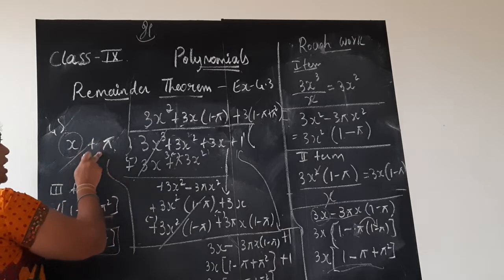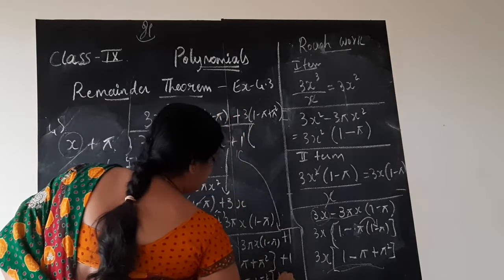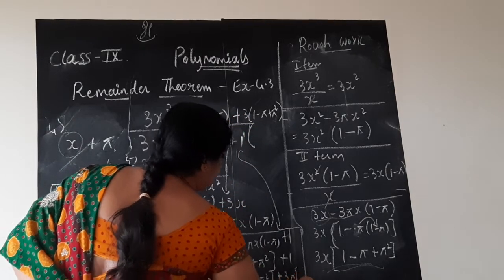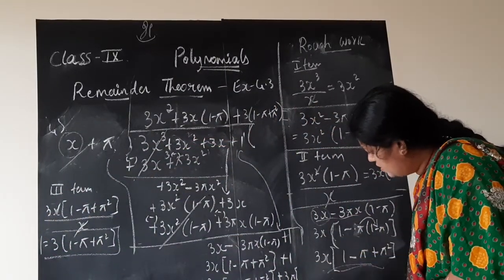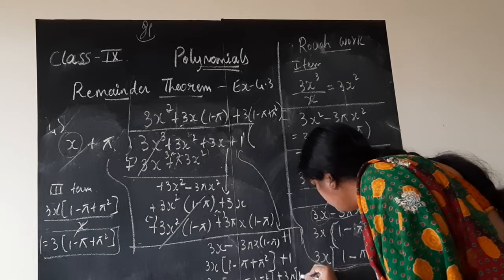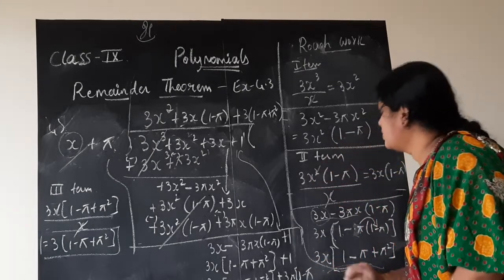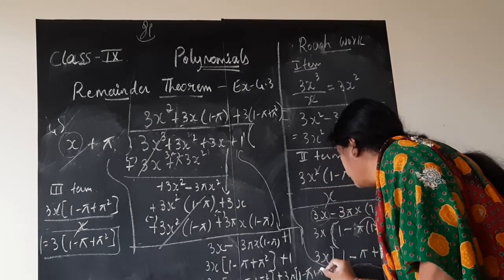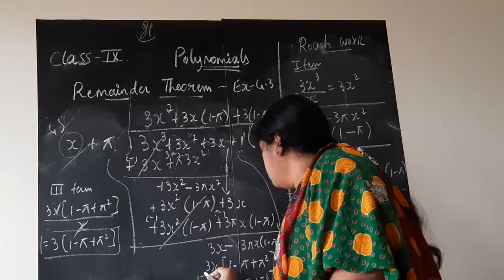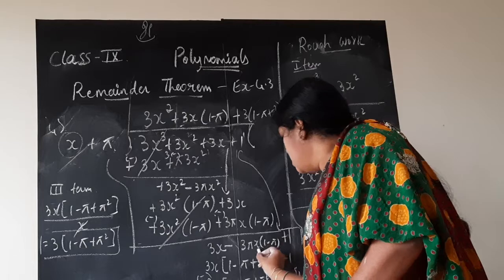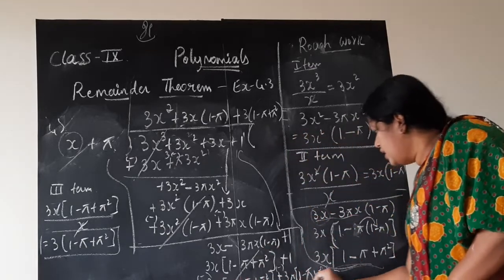Now pi into this is plus 3 pi into the bracket terms as it is, that is 1 minus pi plus pi square, correct? Now change plus to minus, plus to minus. This first term gets cancelled.